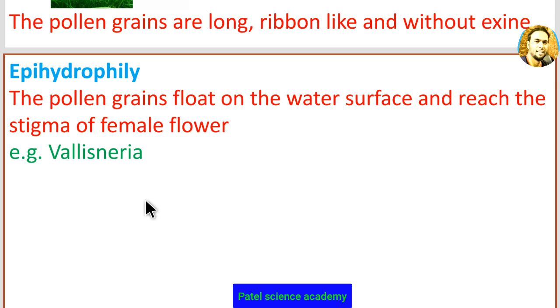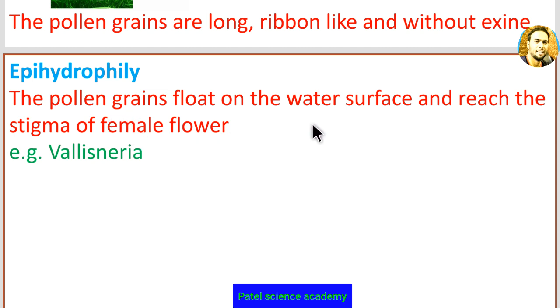Now the second type, epihydrophily. Epi means above. In epihydrophily the pollen grains float on the water surface, not below it, and reach the stigma of the female flower.